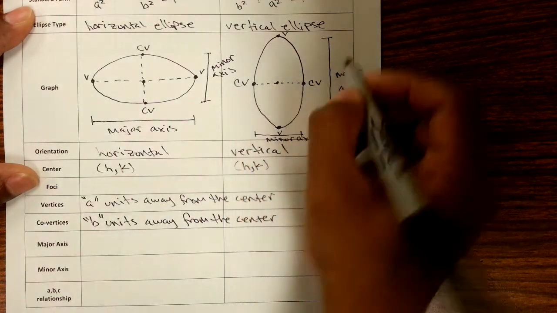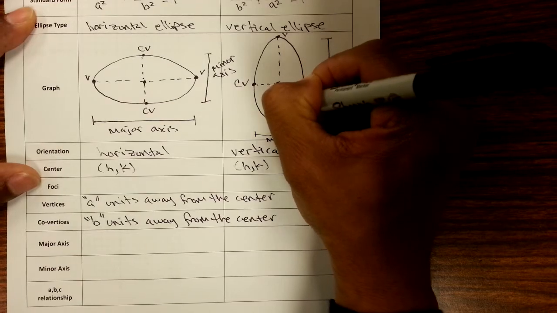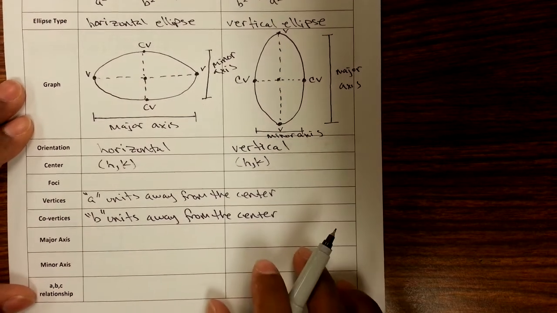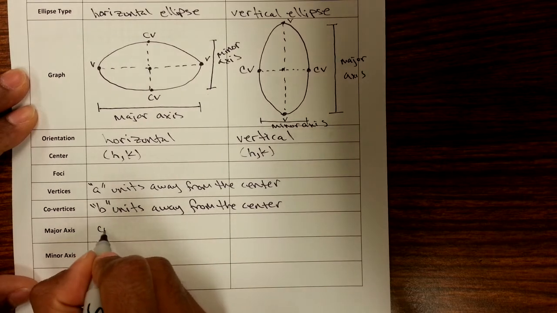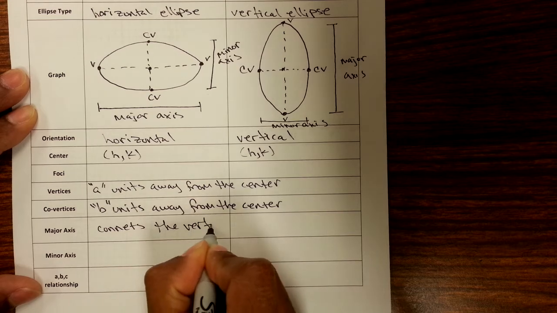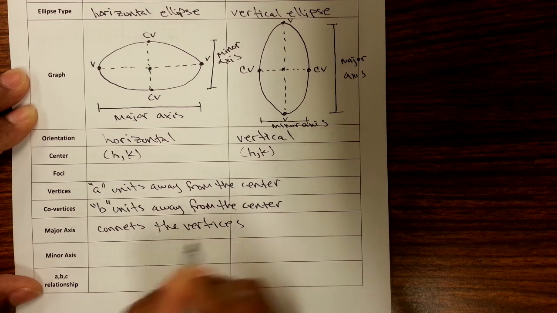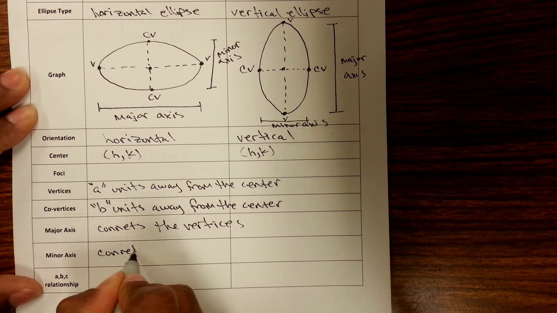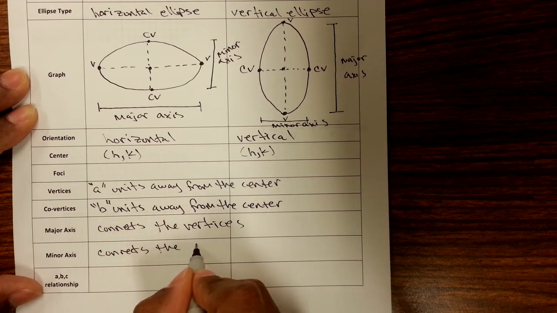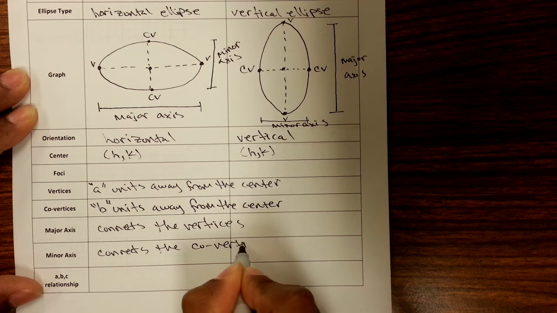Here's our minor axis, here is our major axis. So major axis connects the vertices. Your minor axis connects the covertices.